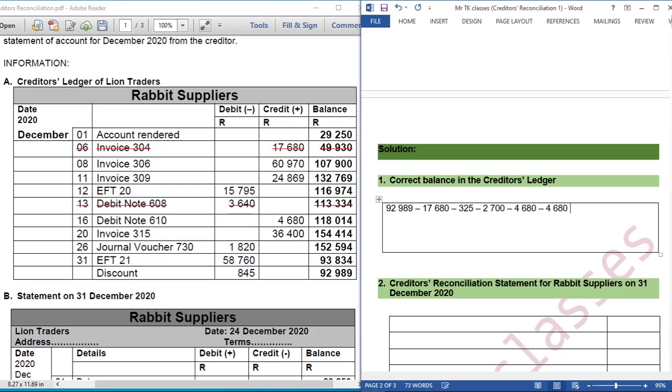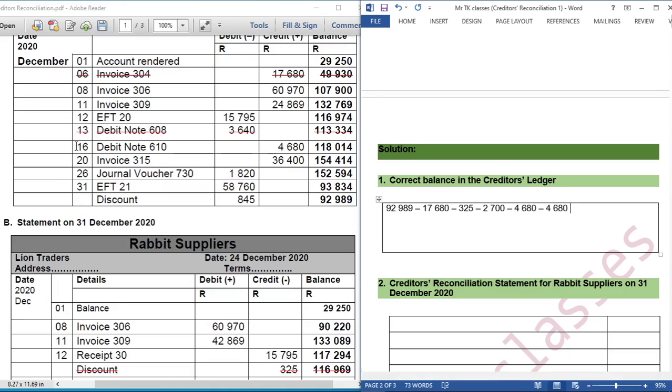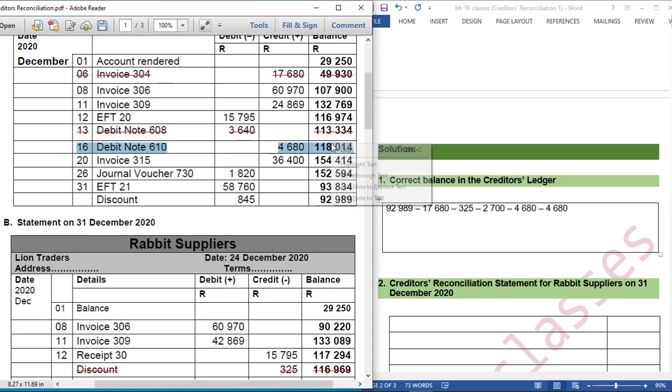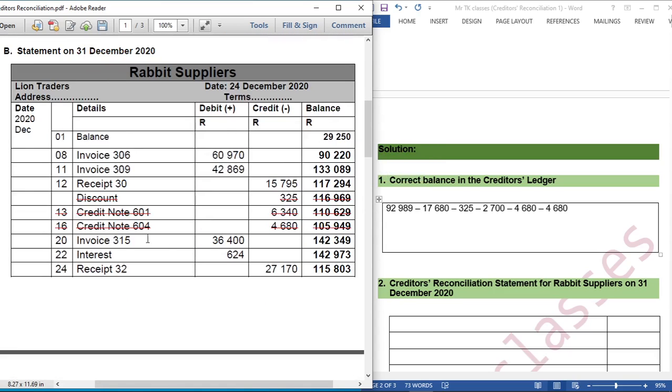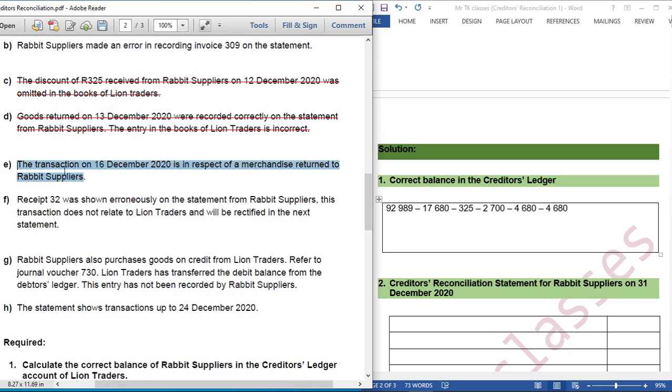Okay. All right. So let us come here. We have addressed this one. So this is E. We move on to F.